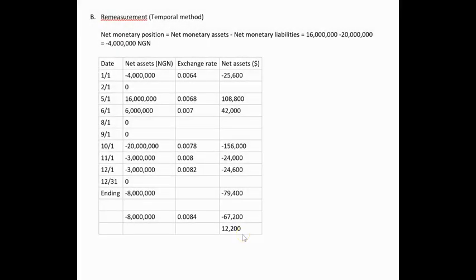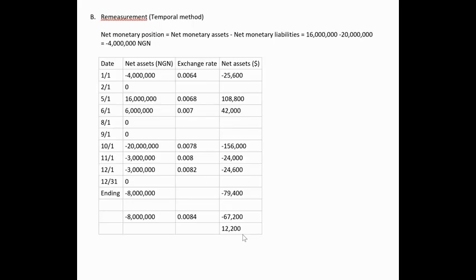Question B: if we assume the US dollar is the subsidiary's functional currency, then what is the remeasurement gain or loss determined solely for 2017? If the US dollar is the functional currency, then we need to use the temporal method. If that's the case, then only the monetary position of the subsidiary is exposed to exchange rate risk.